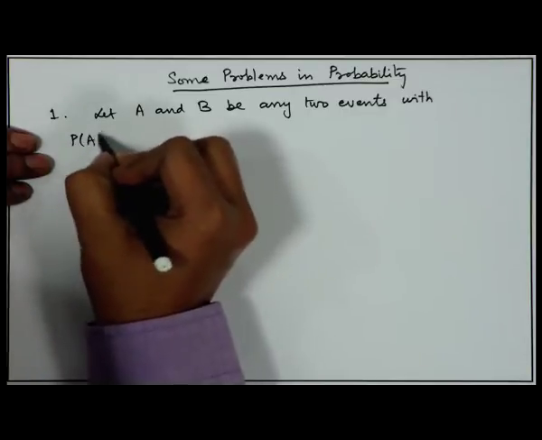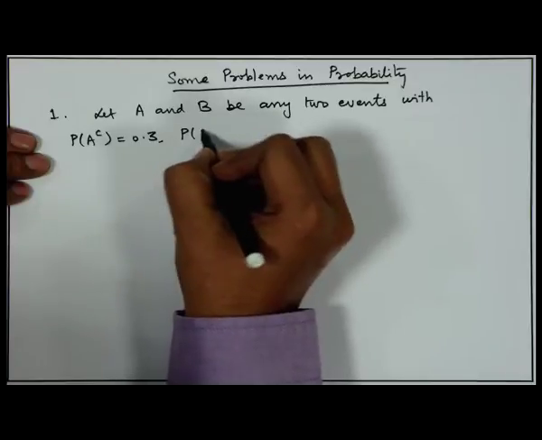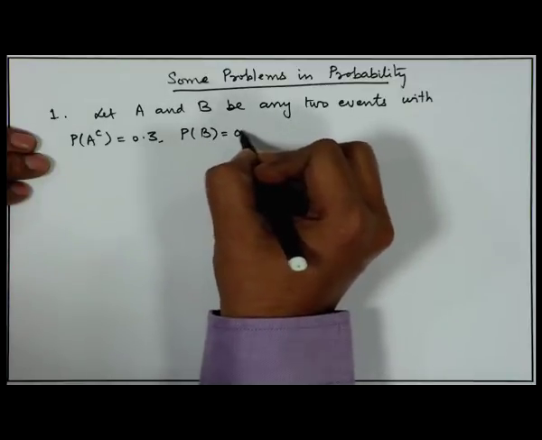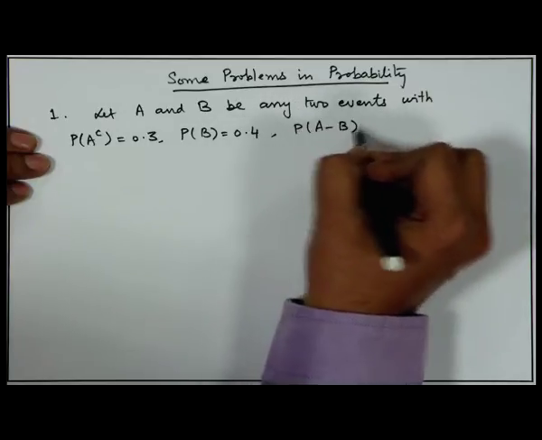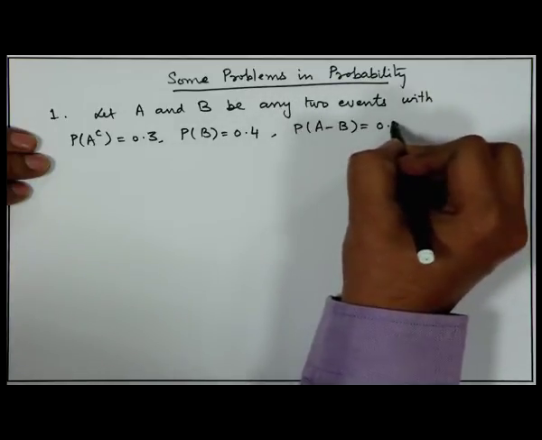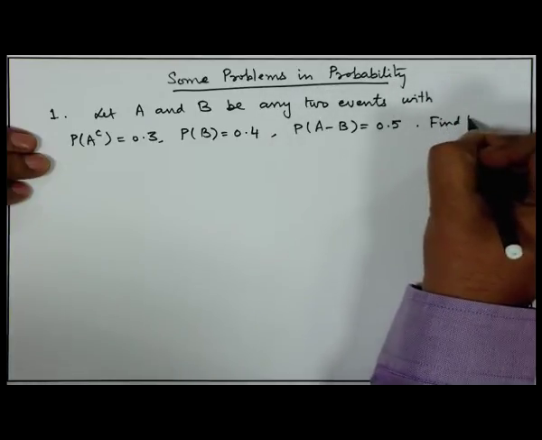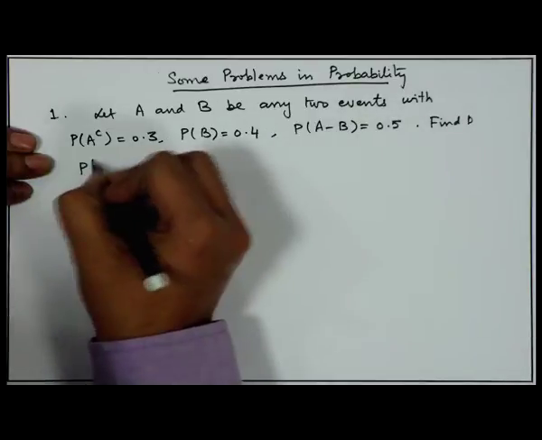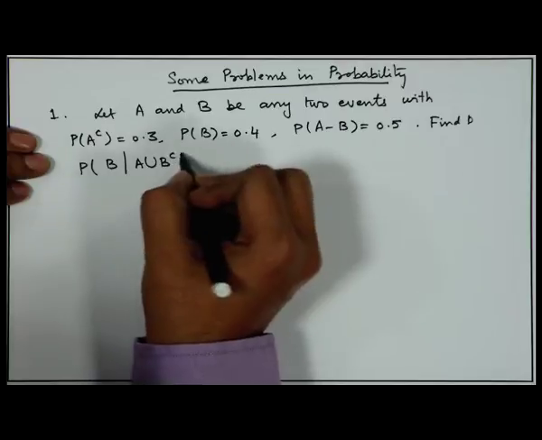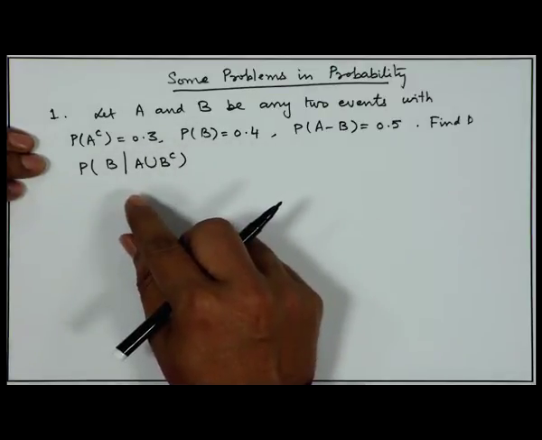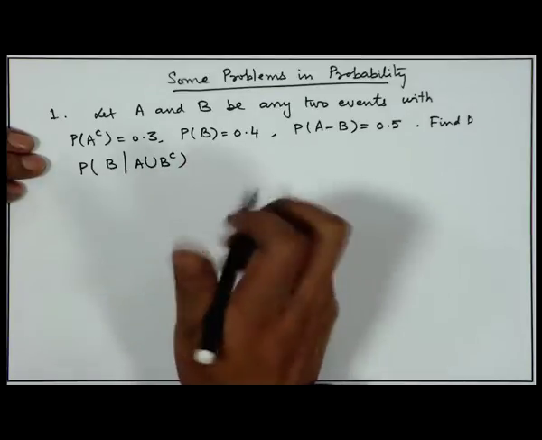Probability of A complement is given to be 0.3, probability of B is given to be 0.4, probability of A minus B is given to be 0.5, and we are required to find probability of B given A union B complement. So, we are asking a conditional probability of B given A union B complement.